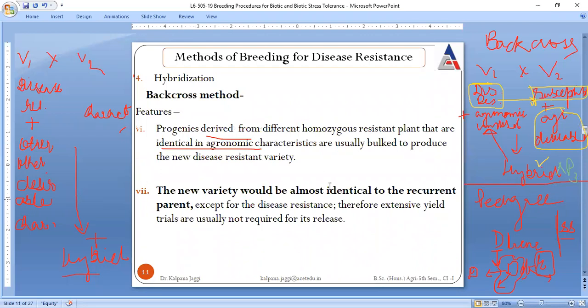So here are some more features related to the backcross method. One more thing can be done with whatever progenies we get. When one parent is crossed with another parent, where those parents are resistant and they are selfed, we can select many such resistant homozygous plants, and in bulk we can go for the production of a new resistant variety.